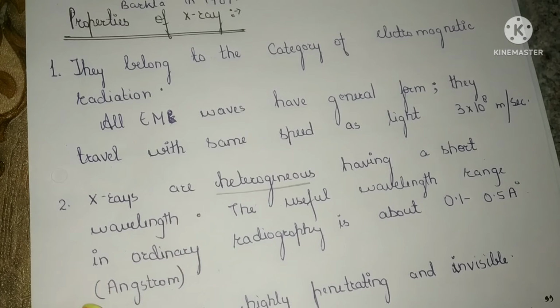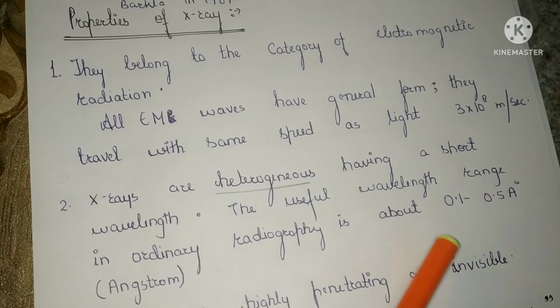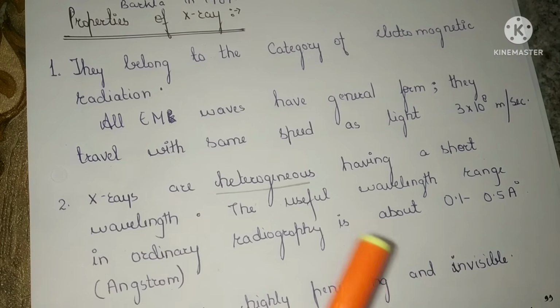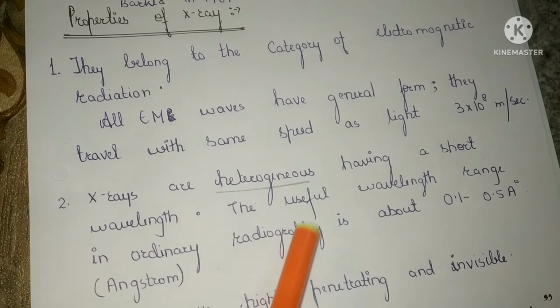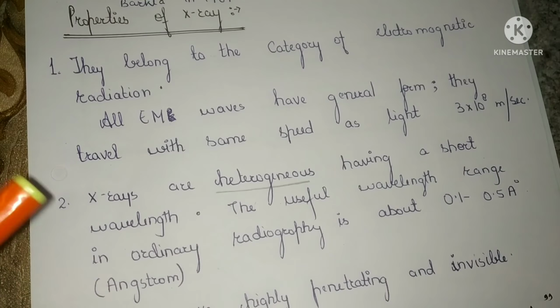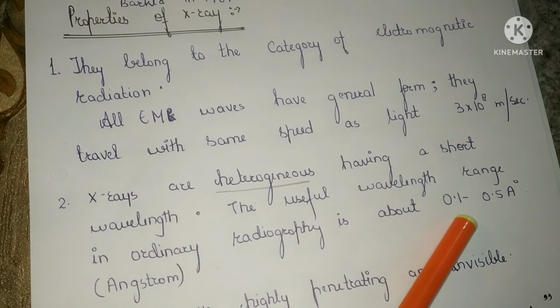Angstrom is the unit of wavelength. 1 angstrom is equivalent to 10 power minus 10 meters, or we can say 0.1 nanometers.